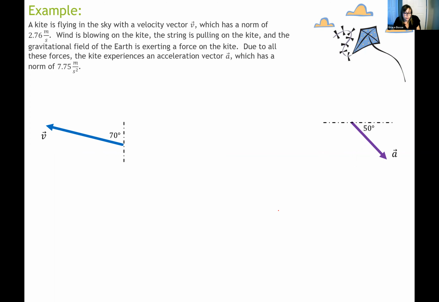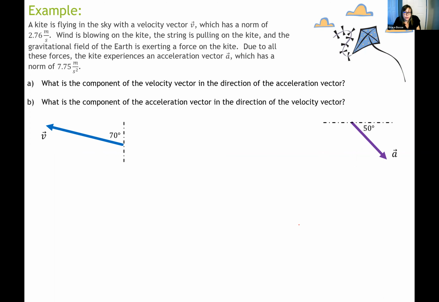Your goal for this problem is to figure out the component of the velocity vector in the direction of the acceleration vector. And after we do that, I want you to find the component of the acceleration vector in the direction of the velocity vector. Okay, so those are our goals. I drew my two vectors.